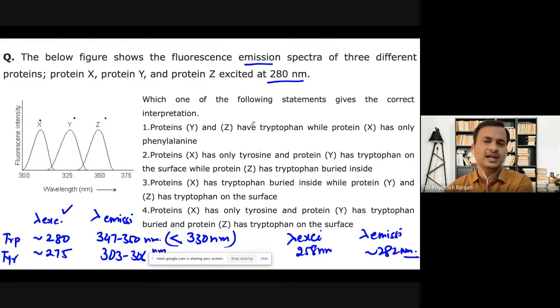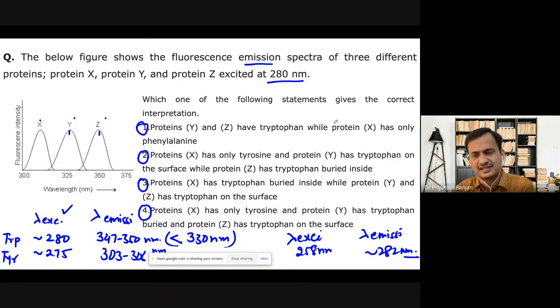Now let's have a look at these statements, and then we need to pick the correct interpretation. So which one of the following statements gives the correct interpretation? First: protein Y and Z have tryptophan. Could be, because this is the emission spectra coming at 330 lambda max here, 350 lambda max. So could be. While protein X has only phenylalanine.